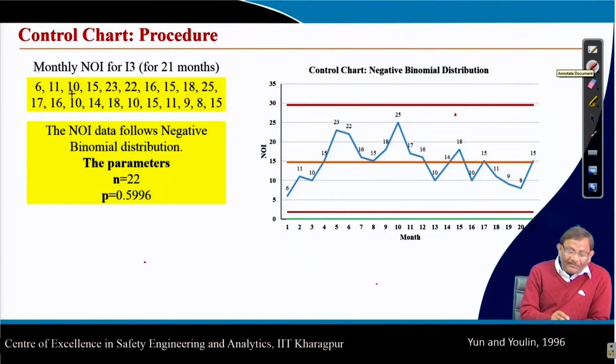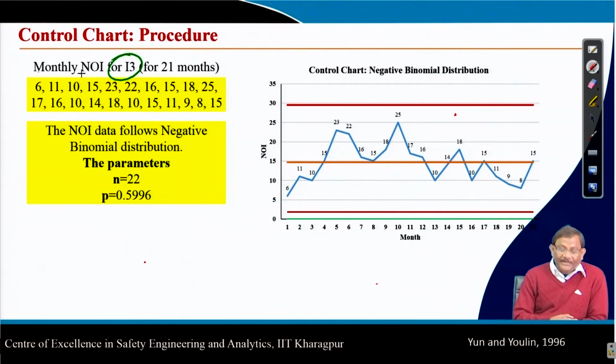We have seen, okay, for the accident or incident I3 in the past 21 months, what is the number pattern? Because incident occurrence is a random variable, it's a random phenomenon.